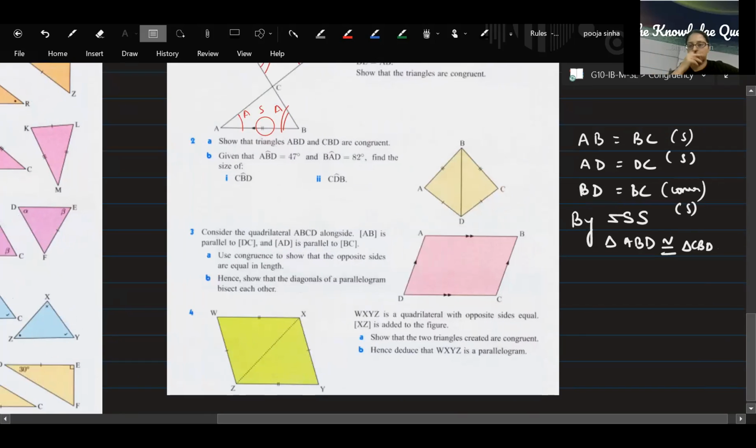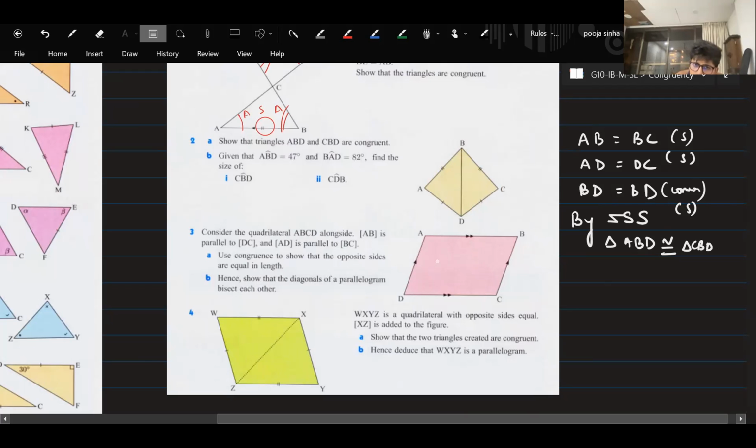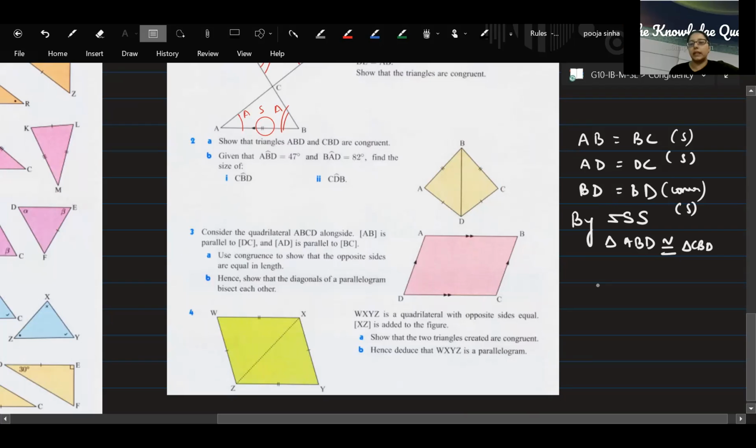Arsh, next. You've written BD is equal to BC. Given that... not angle, line, no, that's another symbol. ABD.